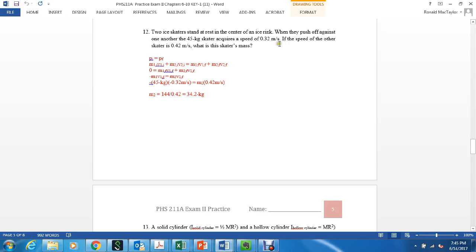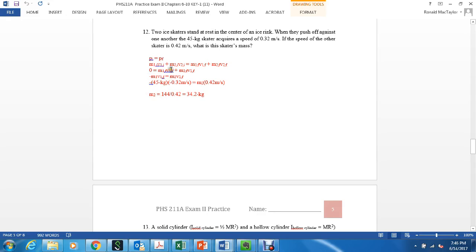I guess we could assume, I don't know, we don't need to assume anything, we can just pick one, right? So if I say m1 final times v1 final, mass of the first skater times their final velocity, plus mass of the second skater times their final velocity, and all that equals 0, then I subtract one of them from both sides of the equation, and there's my negative sign.